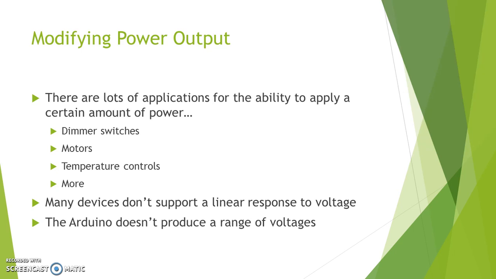And anyway, even if we could use simple voltage to control power output, unfortunately the Arduino doesn't support the idea of changing voltages in an analog manner. In other words, we can't simply choose what voltage to output from the Arduino. There are very limited choices available to us.